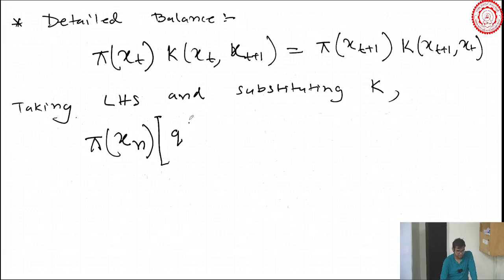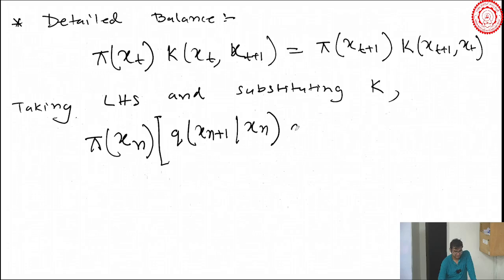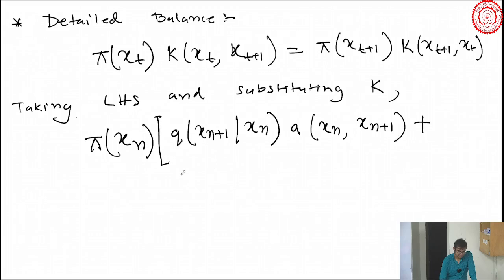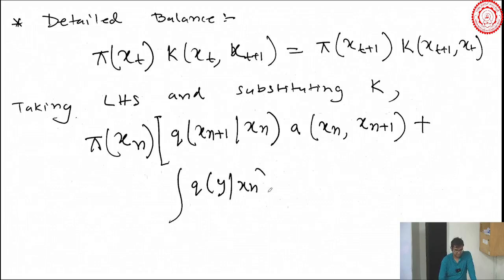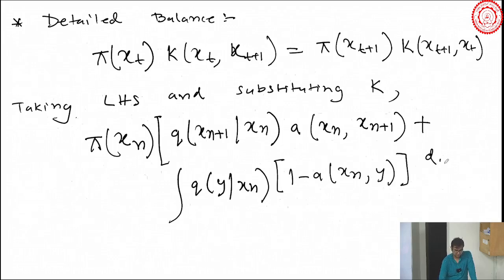Q of xn plus 1 given xn multiplied by a of xn comma xn plus 1, plus the integration of q of y given xn times 1 minus a of xn comma y, dy.